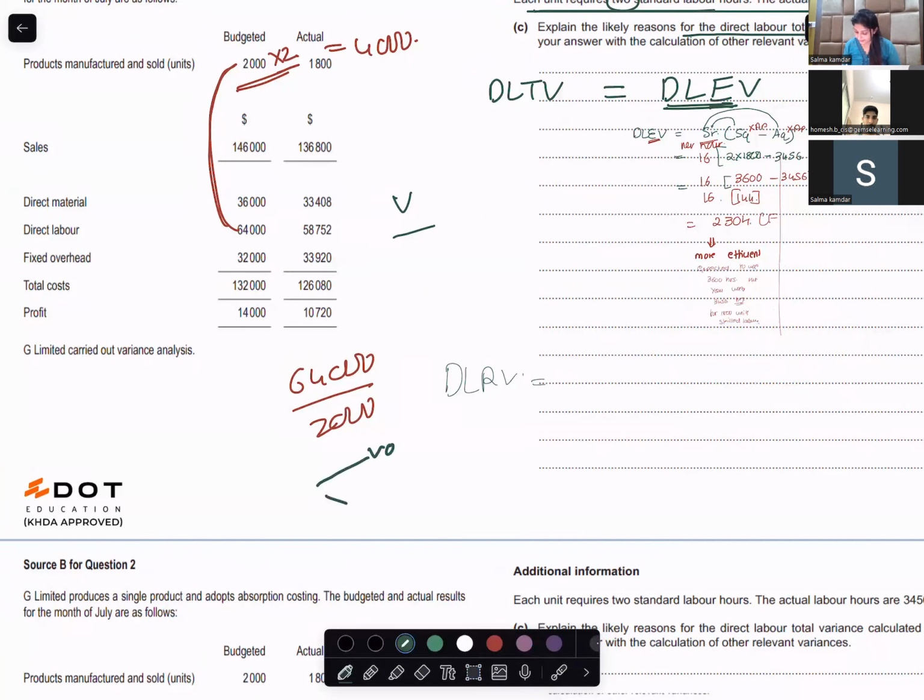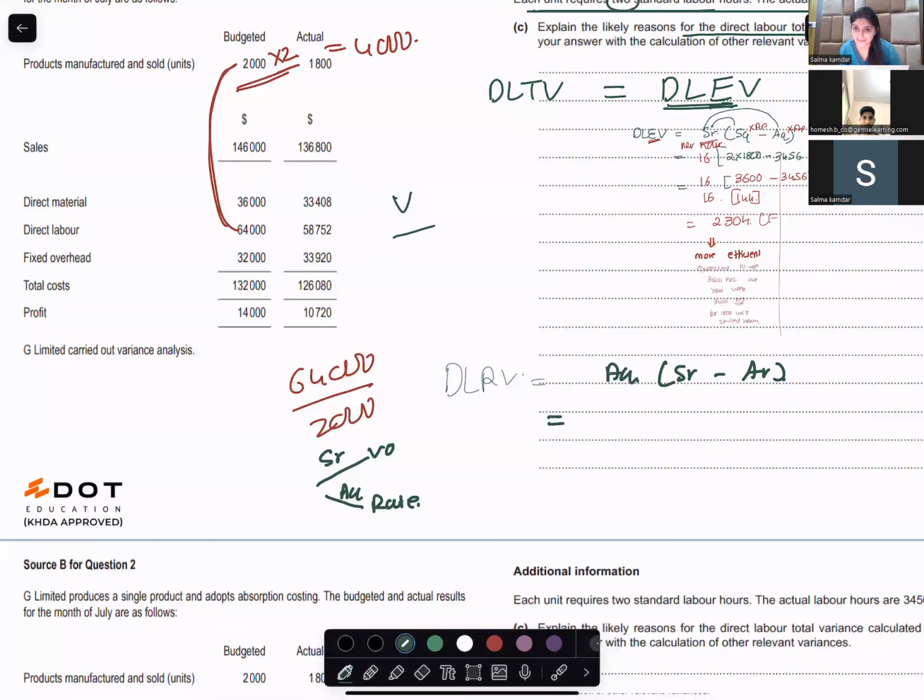Standard rate minus actual rate, into actual quantity.